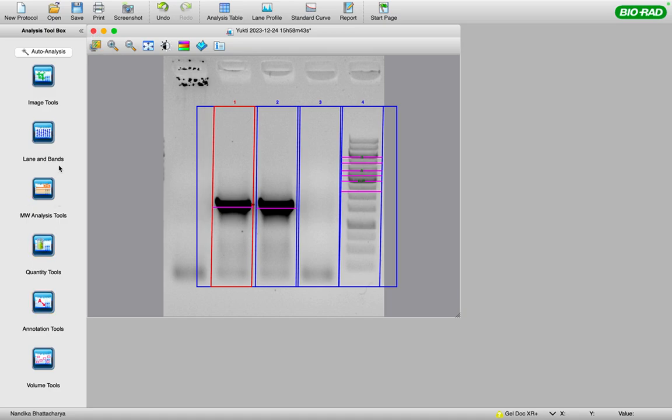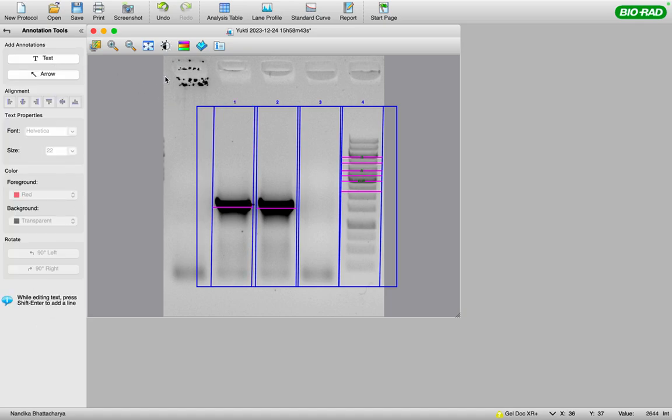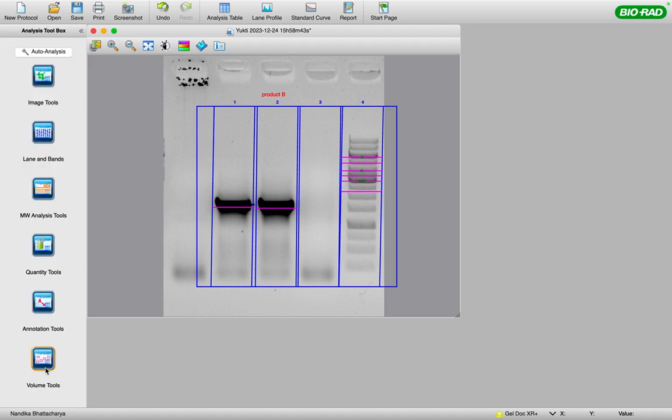So we discussed how to use the molecular weight analysis tool and the quantity tool. The annotation tool allows you to add a text box and say what is in the lane, so you can just annotate what is where.